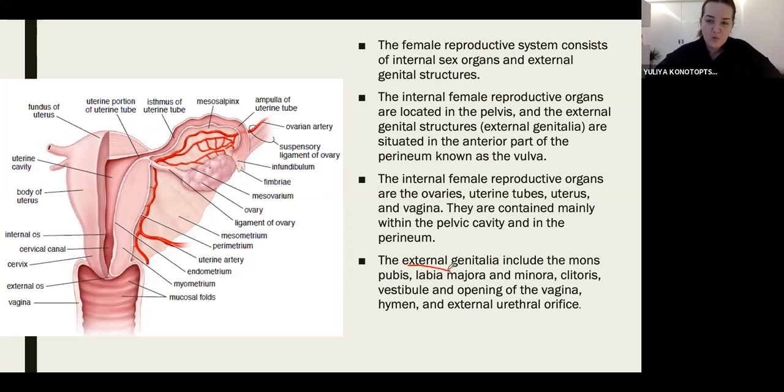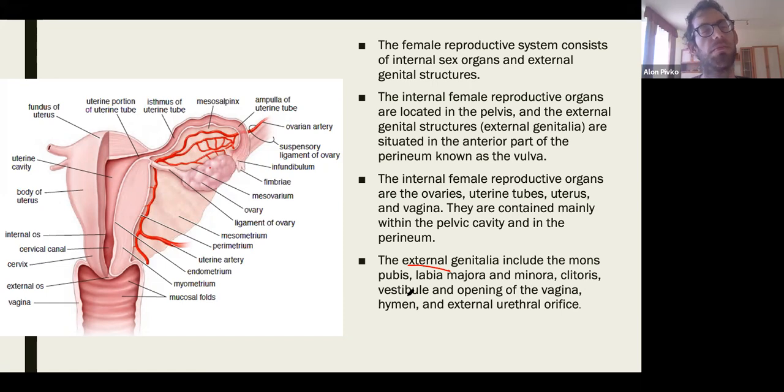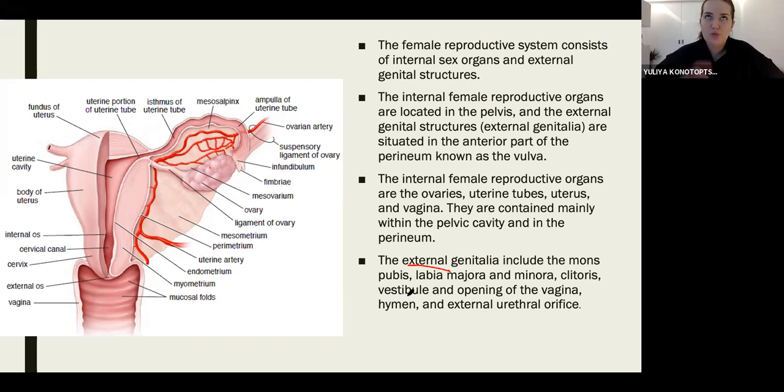External are the ones which you see outside, right? So this is the mons pubis, the 2 types of lips, majora and minora, clitoris, and a vestibule. Anybody knows what is vestibule? Literally an opening. Vestibule is the space between the 2 minora. It's very important in your practical exam as well.